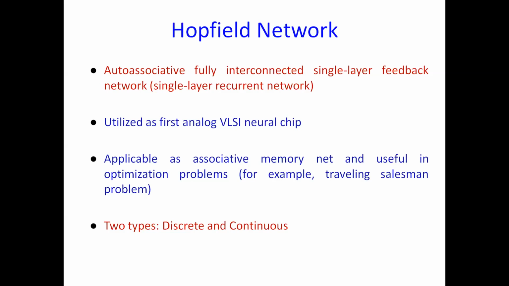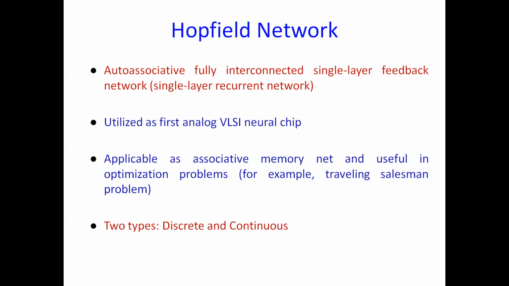So this particular network has been utilized as the first analog VLSI neural chip. So this is a very important discovery in the research of artificial neural network, so that we can utilize any kind of artificial neural network as a chip or as a neural chip.